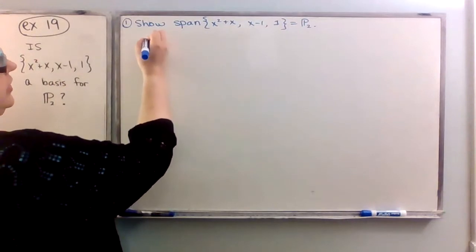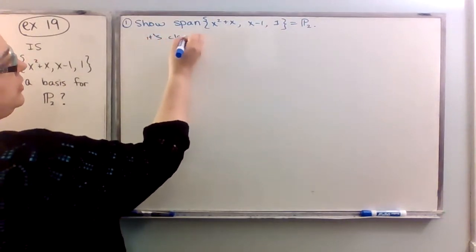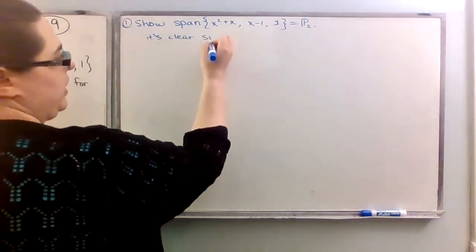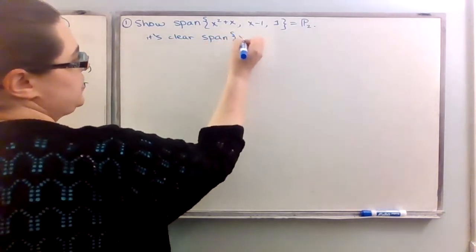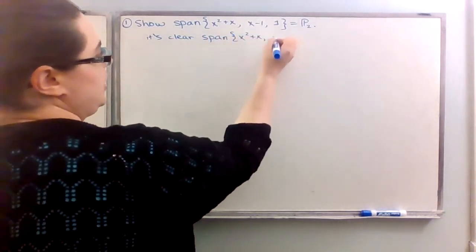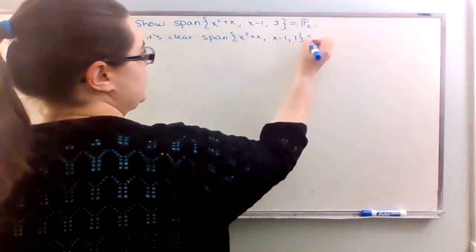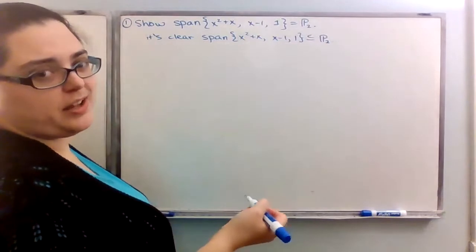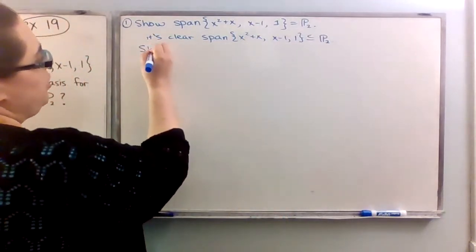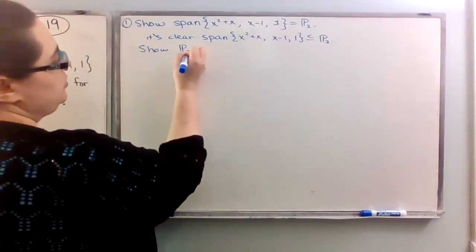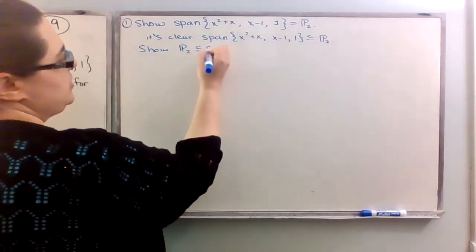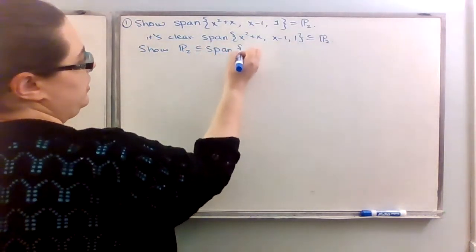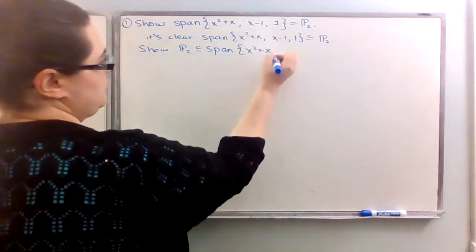And it's clear that the span of these vectors, x squared plus x, x minus 1, and 1, is a subset of P2. So we just have to show containment in the other direction. So we have to show that P2 is a subset of the span of these three vectors.